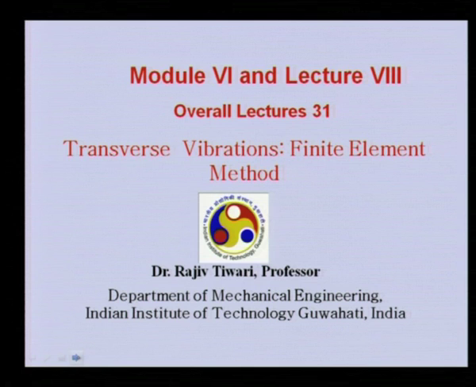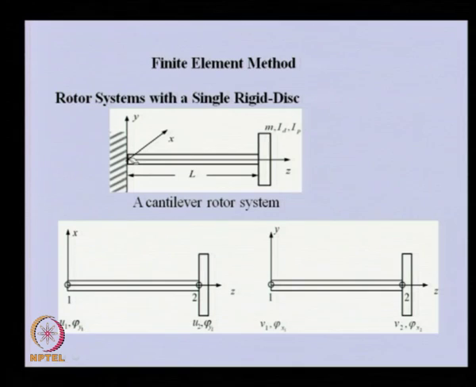As I mentioned earlier, we developed the finite element in the previous lecture for the Euler-Bernoulli beam element, and that particular model does not take into account the gyroscopic couple of the shaft itself. For that we need a Timoshenko beam model, which we have not considered here.